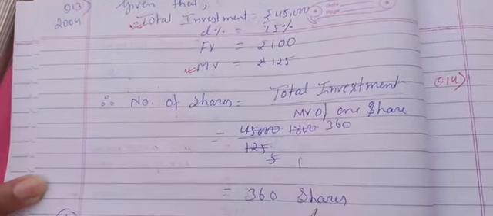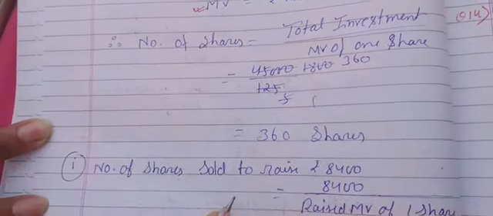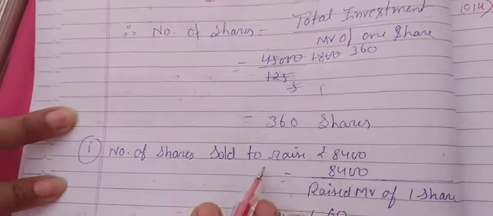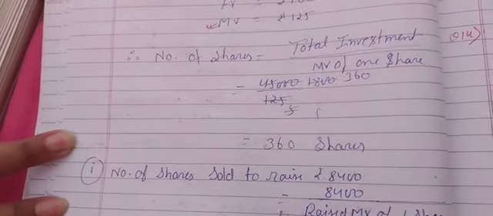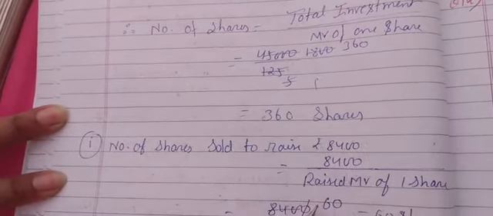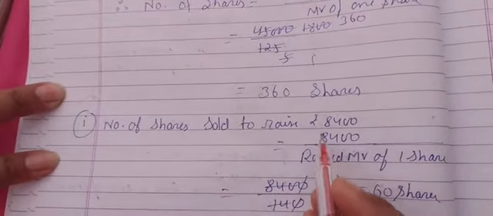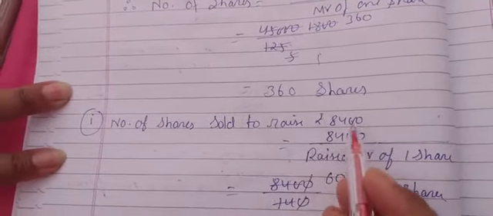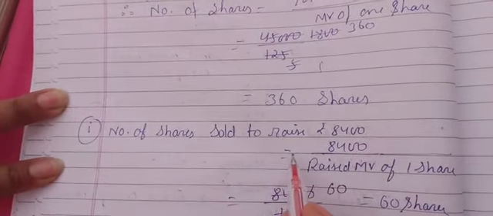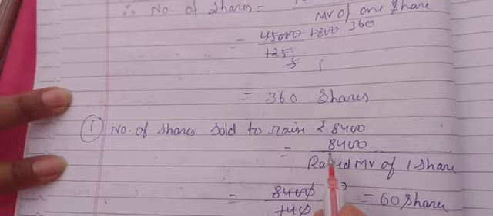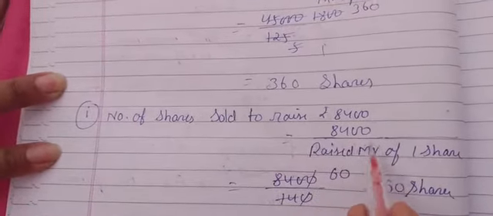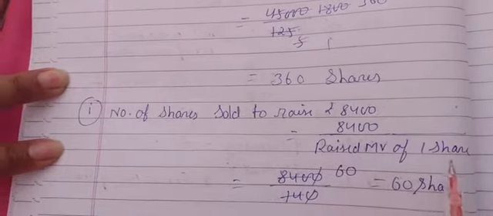Then our question says that he sold a few shares. So number of shares sold to raise 8400 is equal to what? He sold that many shares so that he raised exactly 8,400 rupees. For that we divide 8,400 by the raised market value of one share.